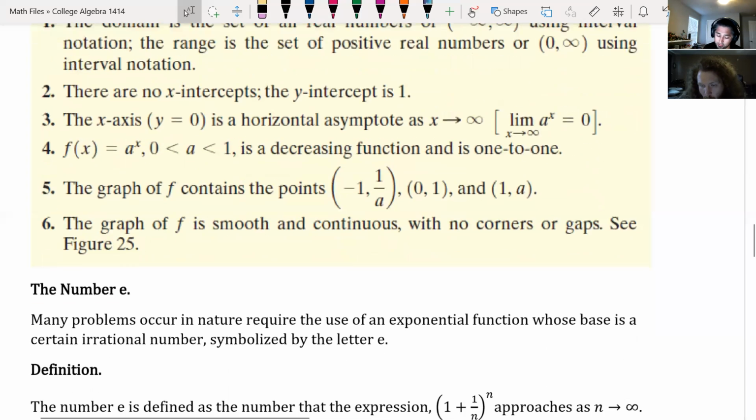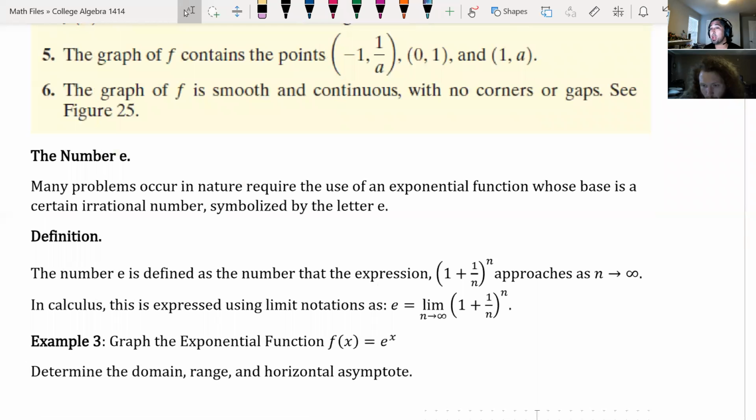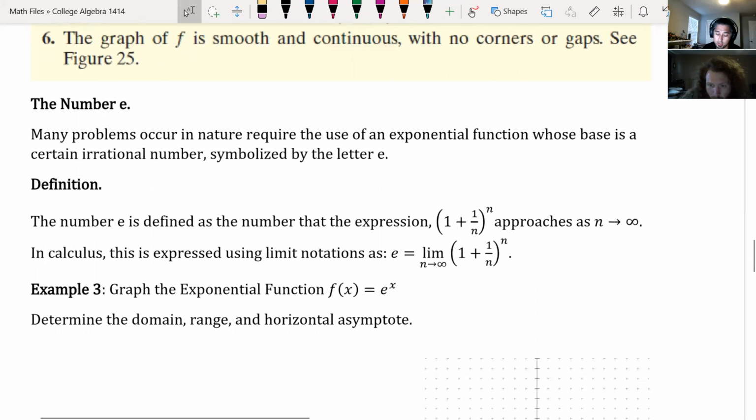Now let's get into the real fun exponential function, the number e. So e is Euler's number, and it occurs in nature and a bunch of other fun applications. So they use the base of e, or the number e. We use it in business applications.